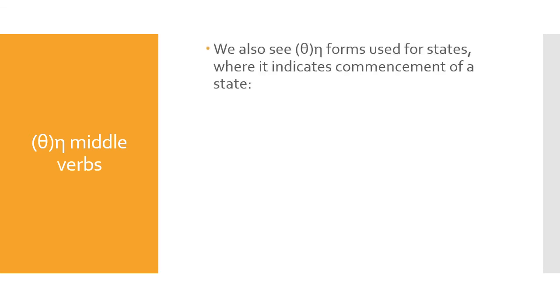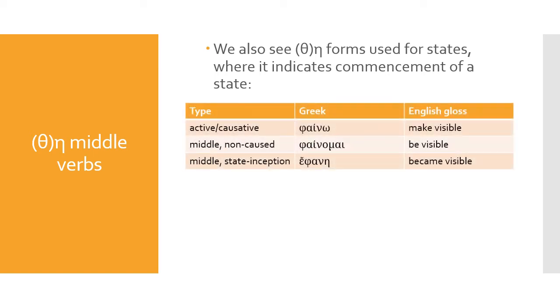We also see theta eta forms used for states where it indicates commencement of a state. So here we have a common verb, phaino, which we will see used as one of our paradigm verbs. And in an active and causative sense, it means to make visible. Phaino, to make visible.